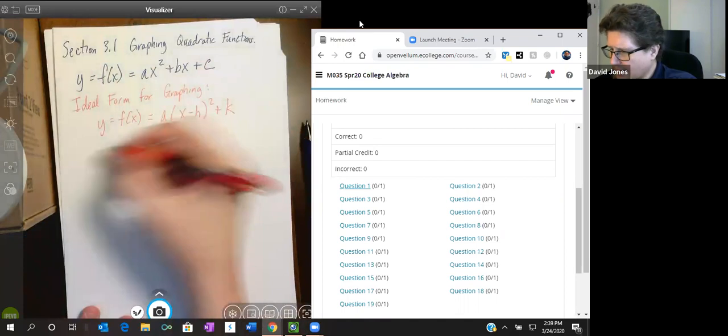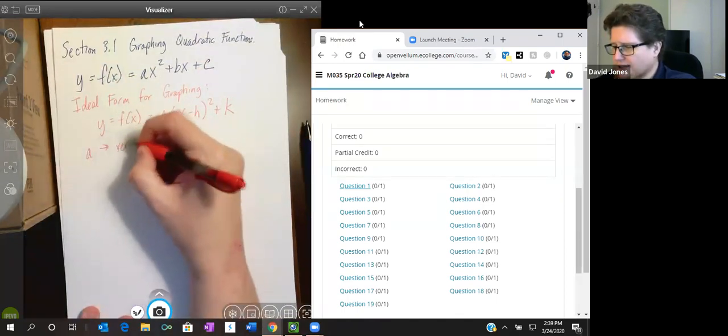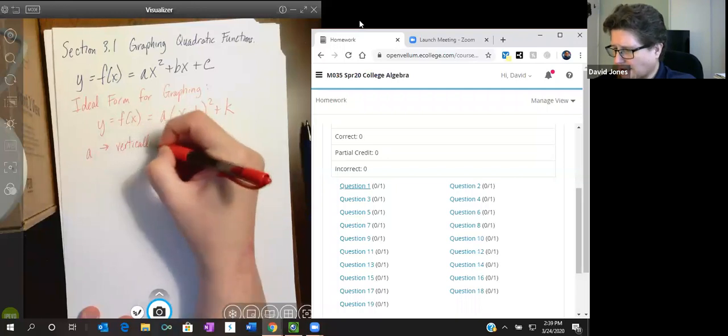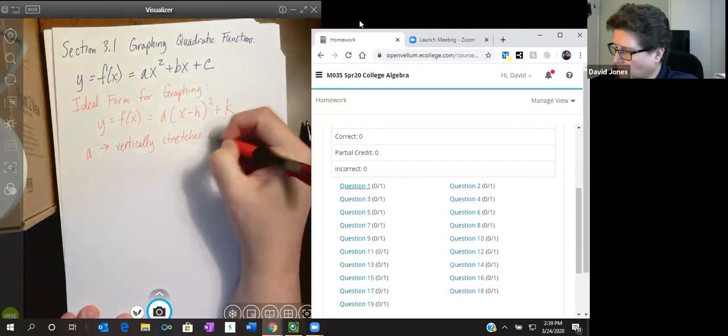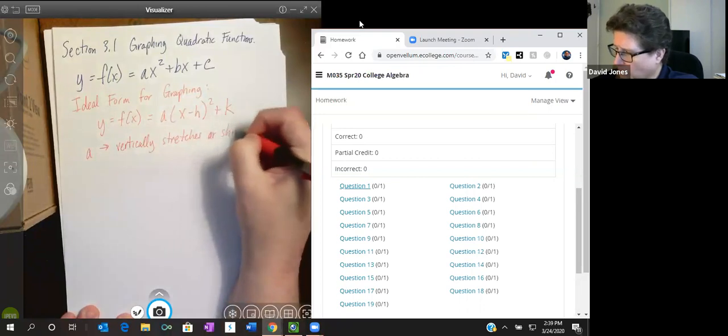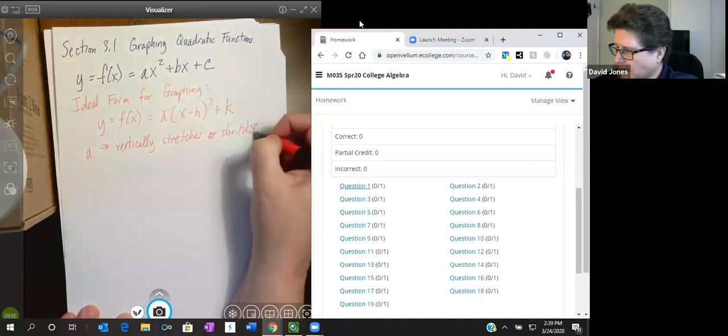So a, it vertically stretches or shrinks.